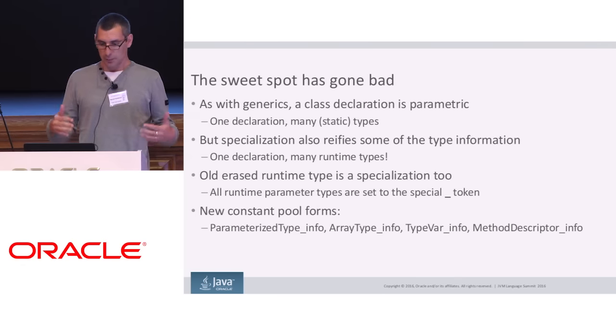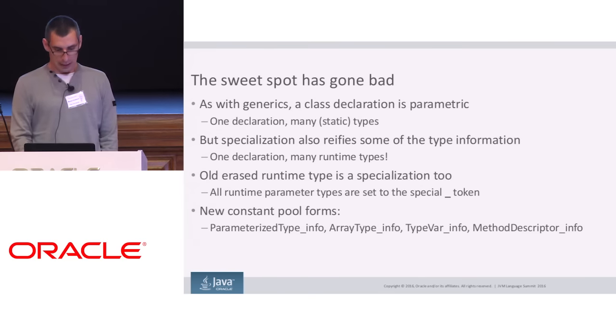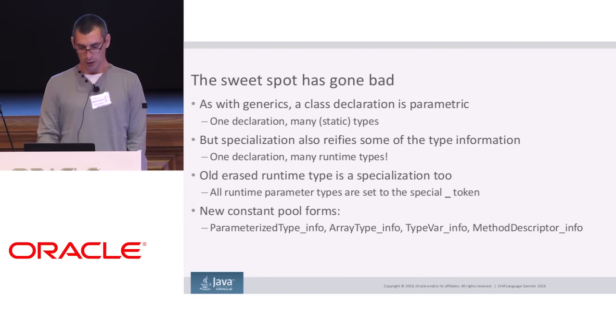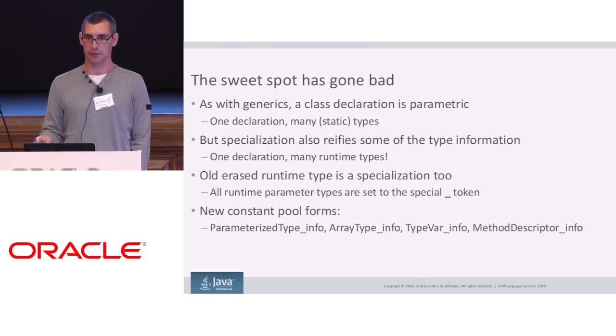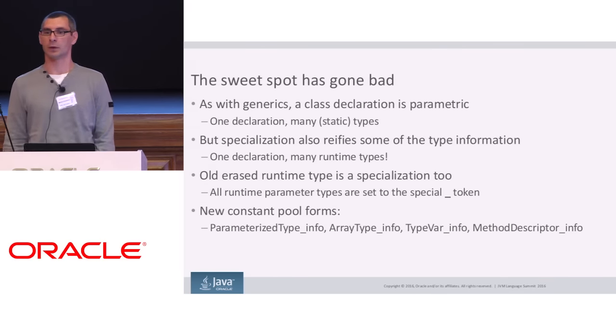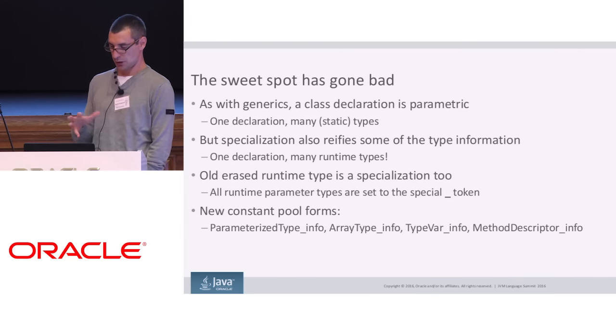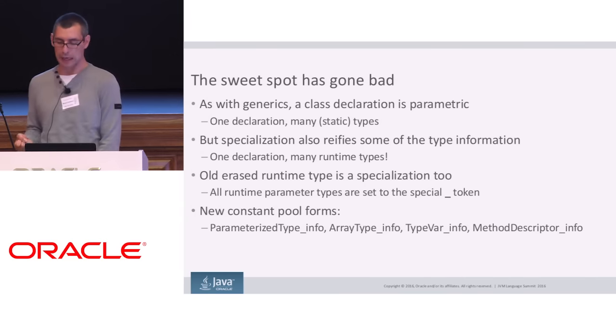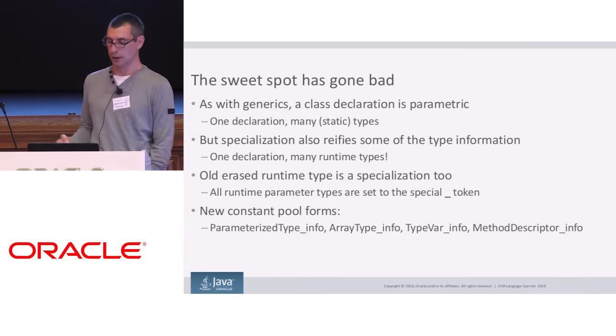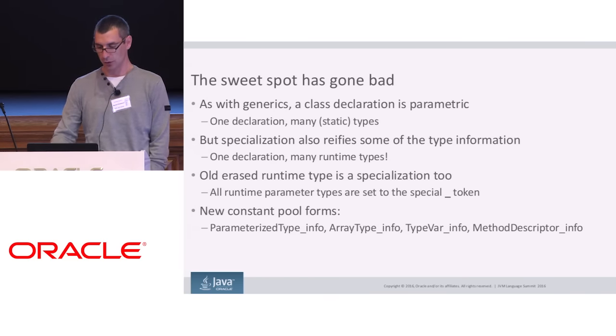And so there is a bunch of things that Valhalla reflection needs to think about. Of course, as we have seen, there is a bunch of new constant pool entries that are coming with Valhalla to represent pretty much all the information that can revolve around specialization. So we can express generic types, generic arrays, type variables, and such in a structural way.